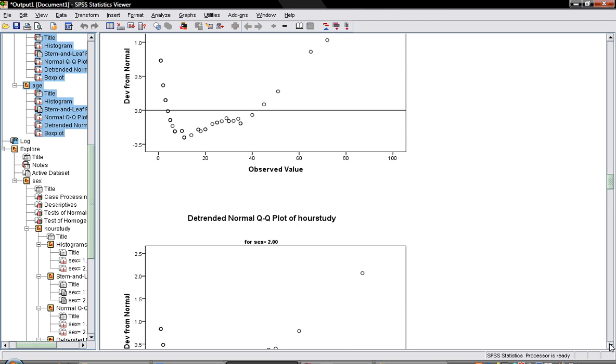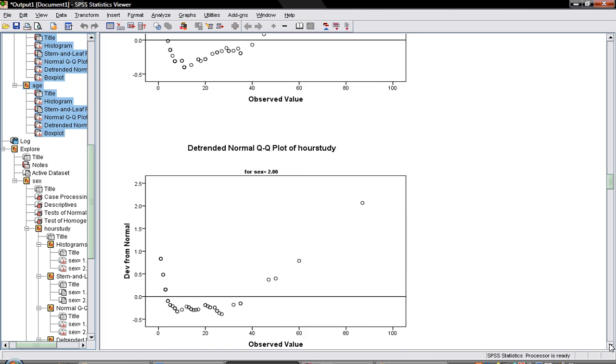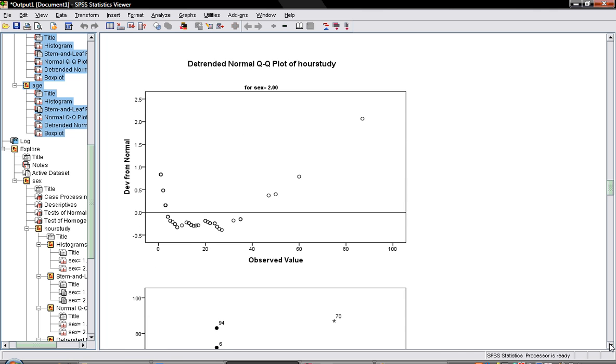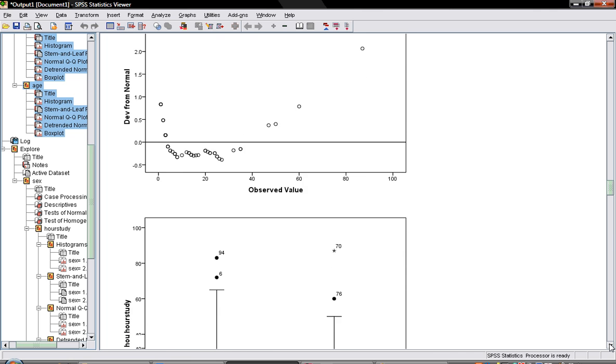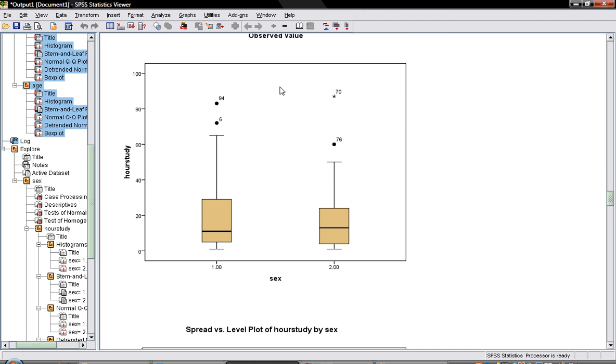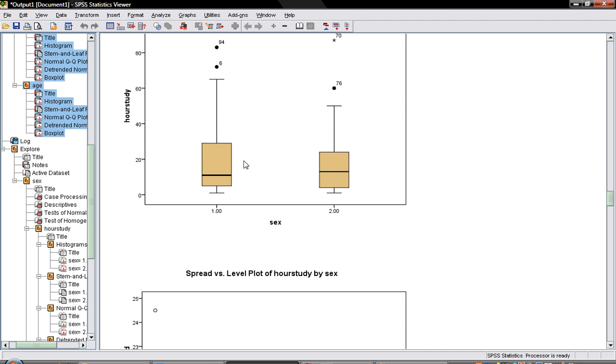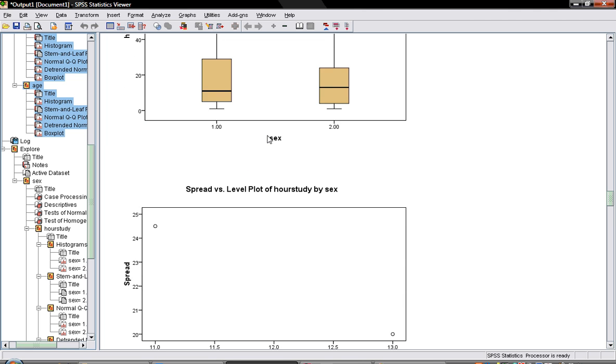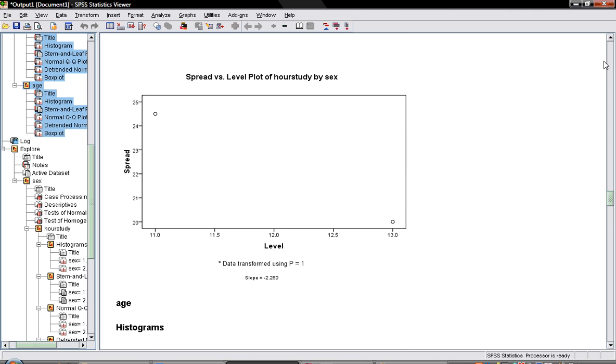That's for the male, and this is for the female. Again, the same finding. The box plot here, again, it is not normally distributed. Most of the data is in the lower part, and we even have some outliers.